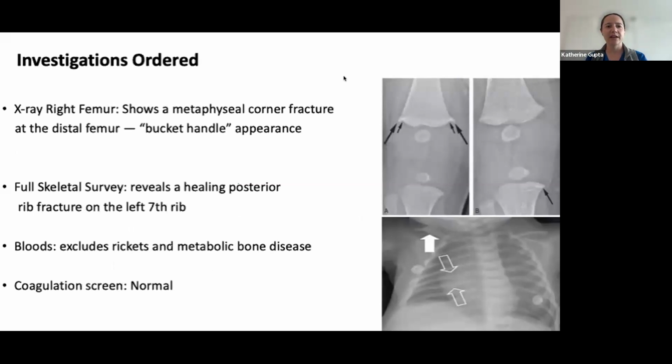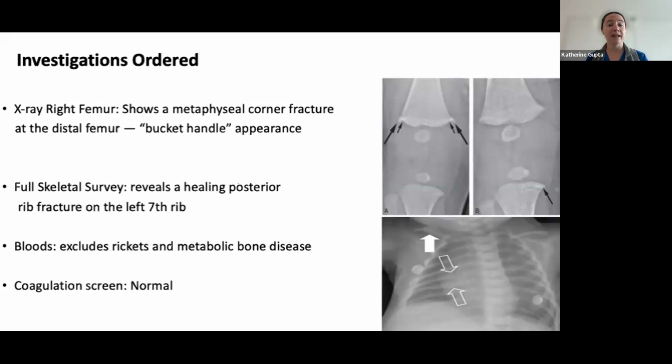And the x-ray you get shows a metaphyseal corner fracture at the distal femur. This is what's known sometimes as the bucket handle appearance. This is an unusual injury to get by accident, as you may remember from earlier in the discussion. And so it should trigger you to think about more of a workup here.